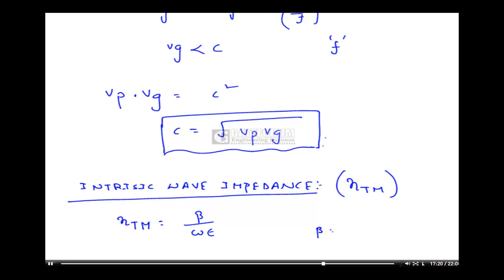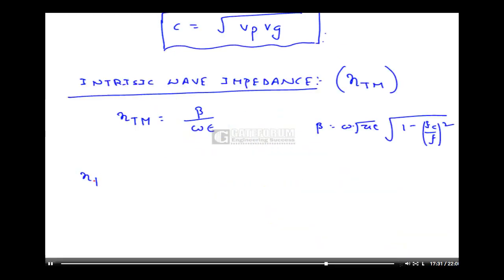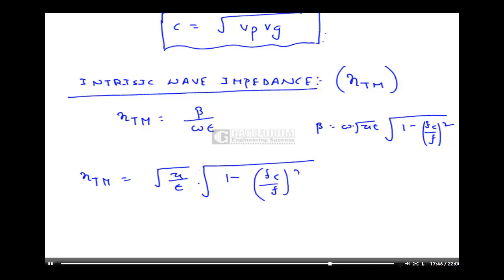Here beta is equal to omega square root of mu epsilon into square root of 1 minus (fc by f) whole square. Therefore, substituting these values and simplifying, you will get eta TM is equal to square root of mu by epsilon into square root of 1 minus (fc by f) whole square, where square root of mu by epsilon is nothing but eta dash.